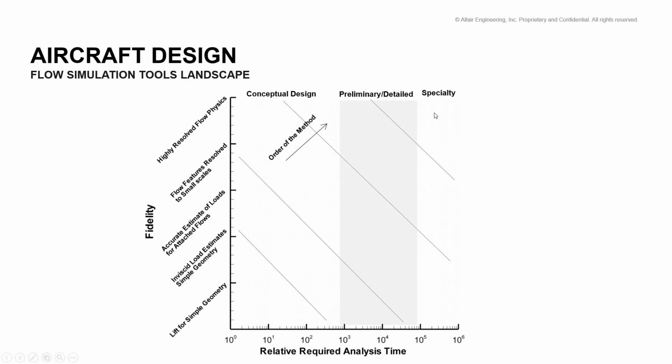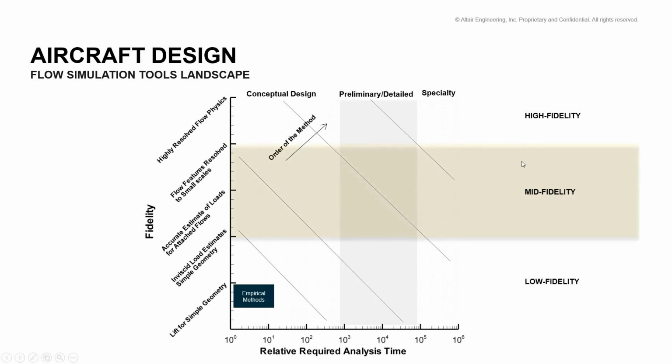So there goes the low fidelity tool, where we are looking for very basic things, right? And then we are talking about the high fidelity on the top, where FlightStream lies in this band of mid fidelity. And you see the order of the methods here, starting with the empirical methods and the lifting line, which require just the surface meshes or just empirical formulas to run.